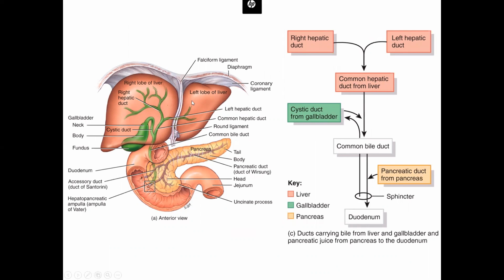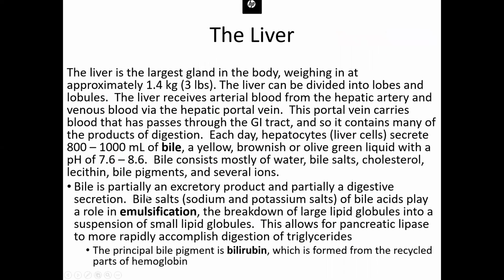There's bile that we produce in our liver and store in our gallbladder. Those 2 fluids, bile and pancreatic juice, are carried by way of some duct networks and dumped into the duodenum of our small intestine. The duodenum is the beginning of our small intestine. So I wanted to talk about these 3 accessory organs that produce chemicals that are dumped into the small intestine before we talk about the small intestine.